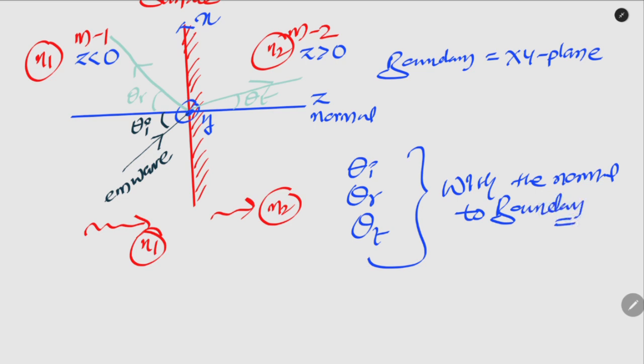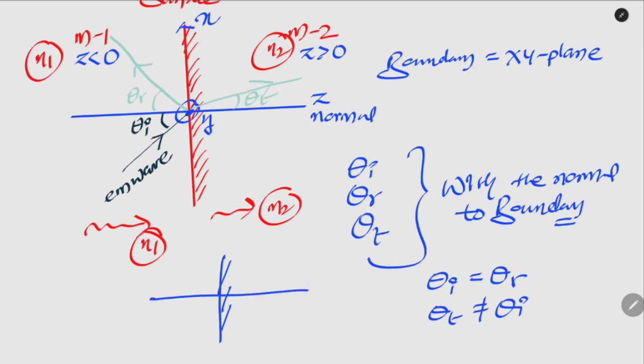And one more thing you have to understand here: whatever angle I have taken for theta I is the same as the angle of reflection, theta r. But if you see the diagram carefully, I have made theta t different from theta I. For example, this is the boundary and this is the normal to the boundary.